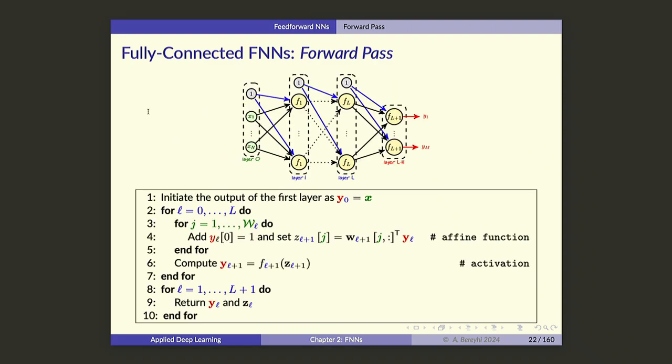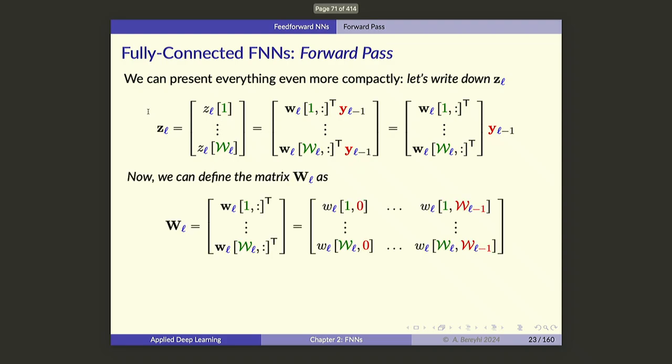Like this is layer L minus 1, this is layer L, for example. How many inputs do you have? You have W of L minus 1 plus 1, yeah? So this is going to be your number of columns, right? And how many outputs you get at the next layer is W of L, right? So it is going to be your number of rows.